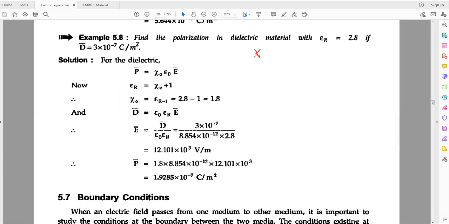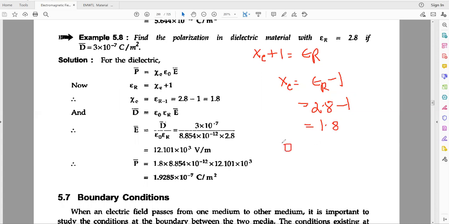We know chi e plus 1 is equal to epsilon r. So chi e is equal to epsilon r minus 1, that is 2.8 minus 1. The chi e now is 1.8.